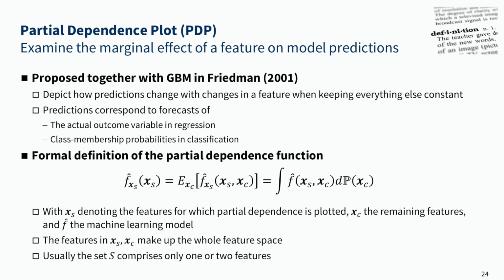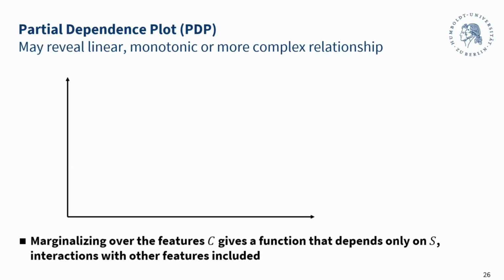Let's say previously we established income is important when we predict credit risk. We learned that from the permutation-based importance. But with permutation-based importance, you may know that income, a feature, is important, but you don't know whether higher values of the feature are associated with higher values of the target or vice versa. So you don't know the direction of the feature-response relationship.